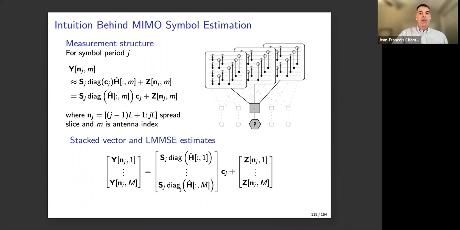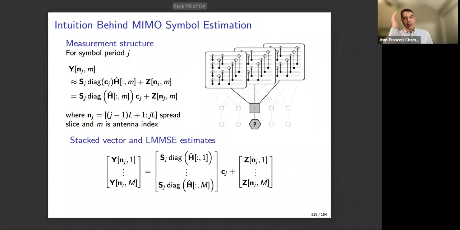And on the stacked version, I can use linear minimum mean square. These types of constructions look messy in terms of notation, but if you have some background in signal processing, then you should have some sense of what we're doing. We're stacking the vector into a long vector and then doing linear minimum mean square estimation.